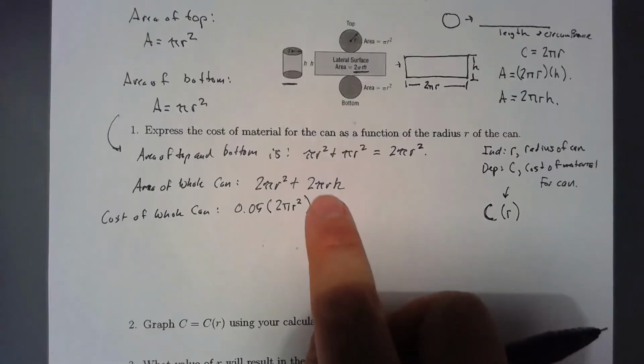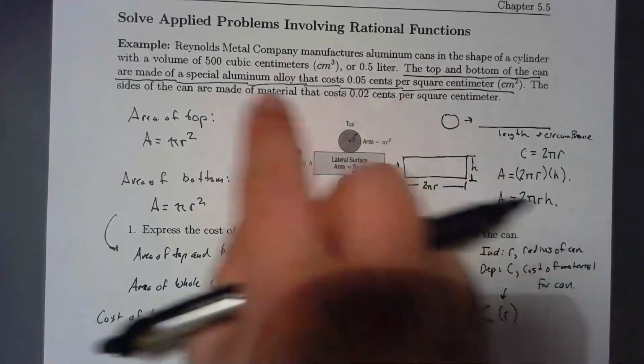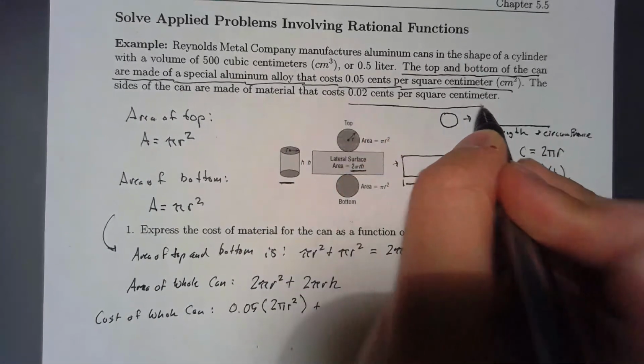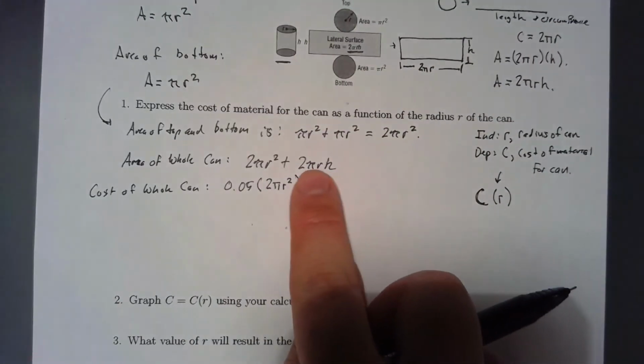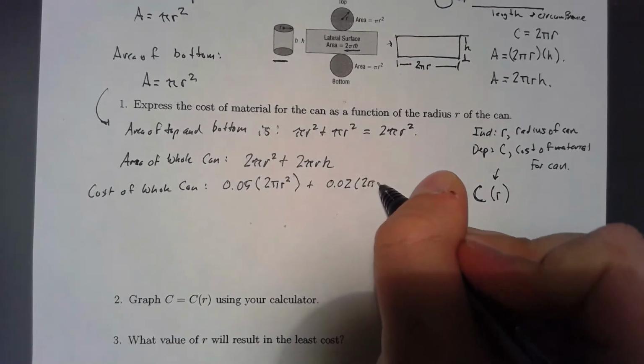Plus, now what's the cost to manufacture the surface area, the side part of the can? Well, the sides of the can are made from material that costs 2 cents per square centimeter. So that is the cost that you would multiply by the lateral surface area of the can. So 0.02 times 2 pi rh.